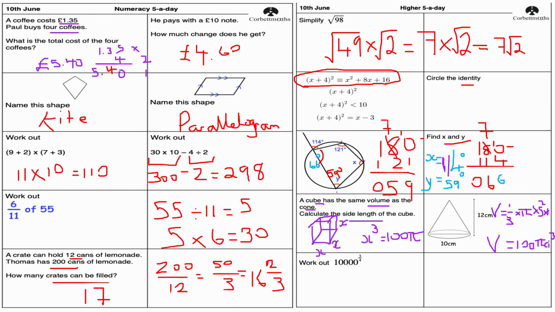Doing this on my calculator, the cube root of 100 pi, I get the answer of 17.72 centimeters to 2 decimal places.